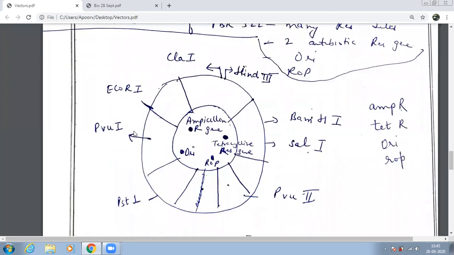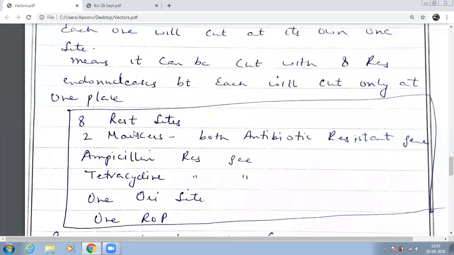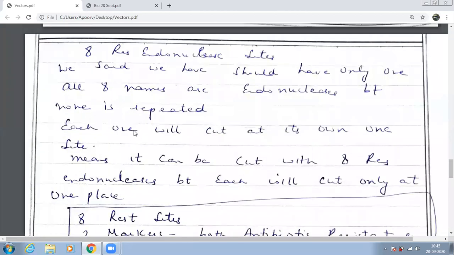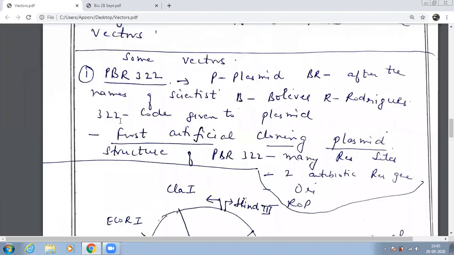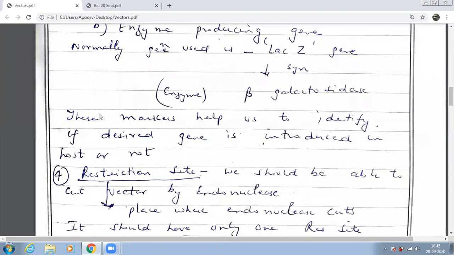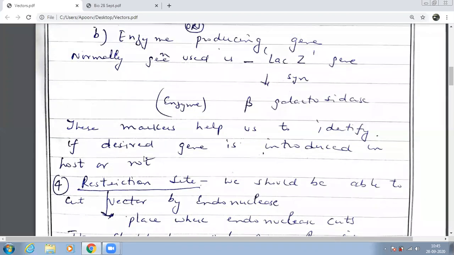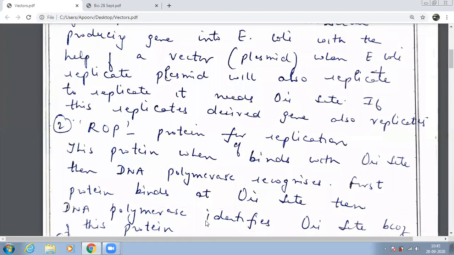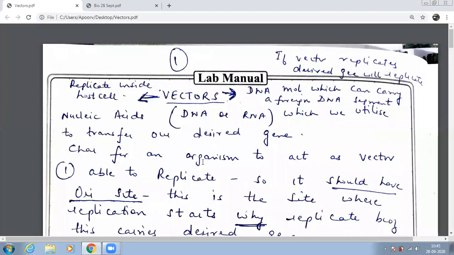So let's revise quickly. We are doing the structure of PBR322. It has got 8 restriction sites. But when I started teaching you, I told you we should have only 1 restriction site. Because if we have many restriction sites, one problem comes.